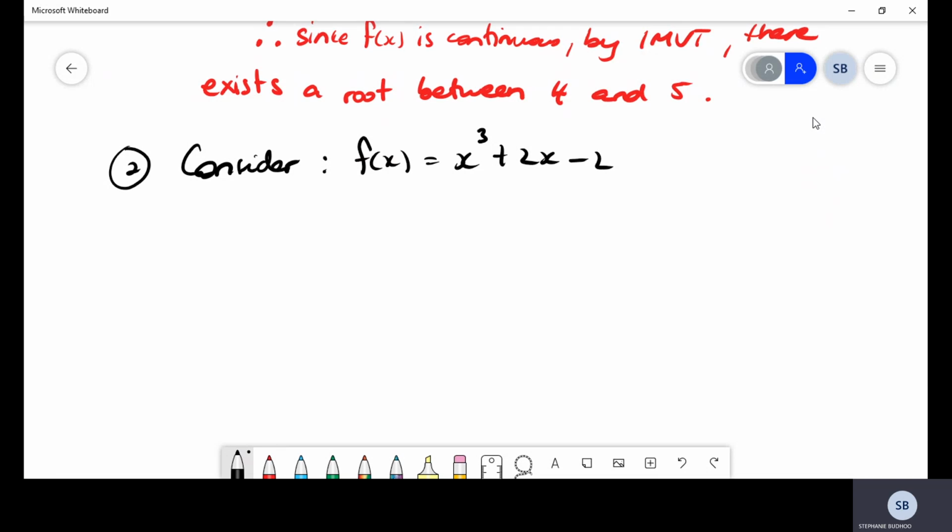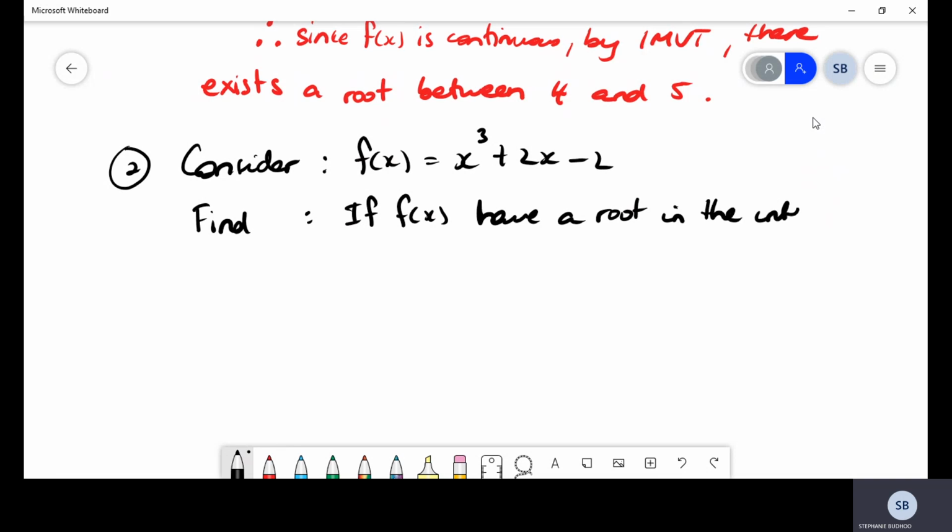Now, we would like to determine: does the function have a root in the interval? Sometimes they may write the interval like this, the special notation, so take note of this. It's read as the interval 0, 1.